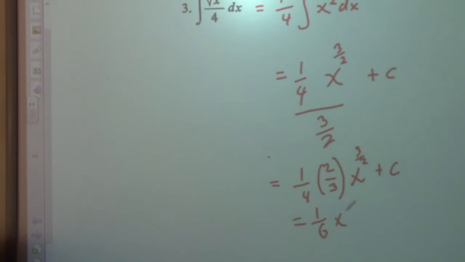And you can write that back in rational form if you want to, which is going to be, I think, the square root of x cubed, is that right? Plus c. So 1/6 square root of x cubed plus c is how you'd simplify it back into this. And then you can take the derivative of that. Let me write that down a little more legibly if I can.